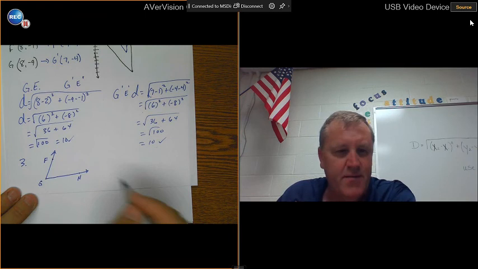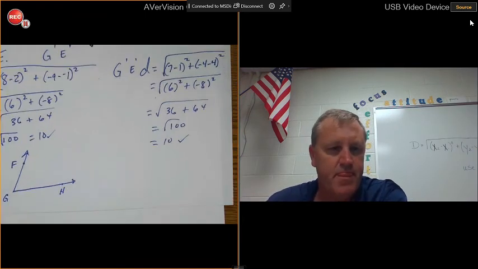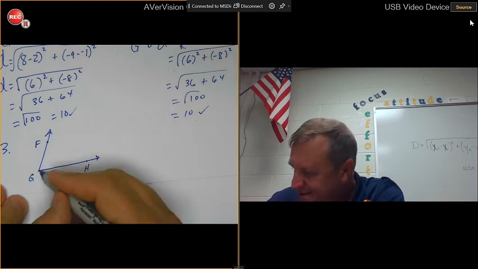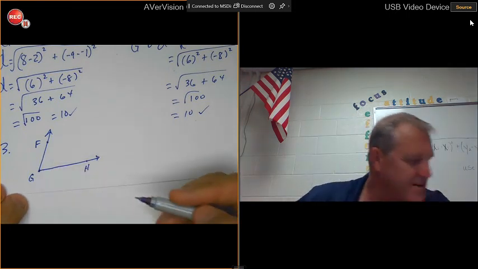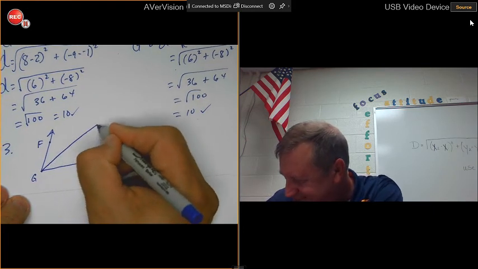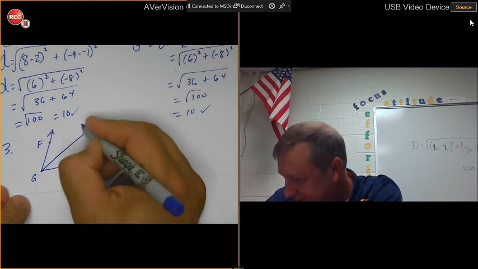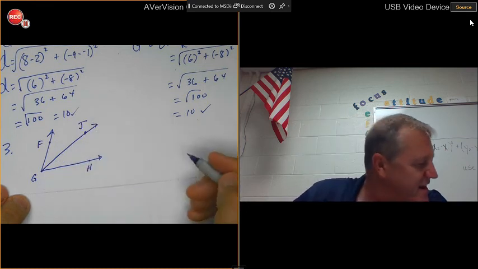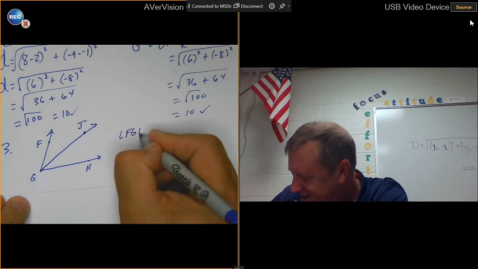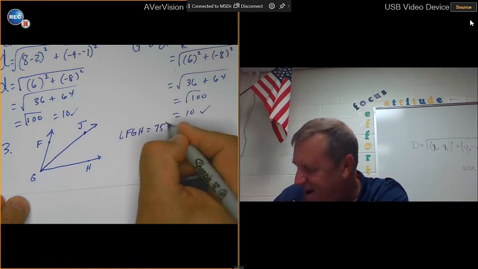Don't forget how to name an angle. Vertex has to be down here. And we got GJ is the bisector. That means it cuts it in half. We know that FGH is 75 degrees.